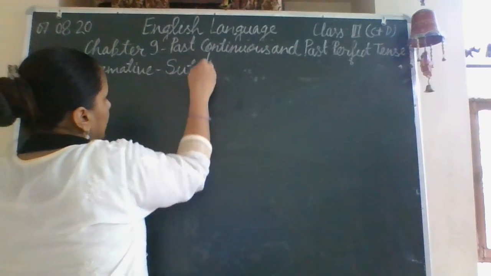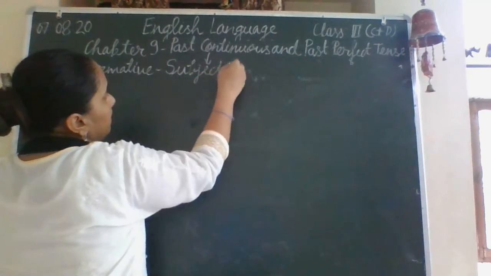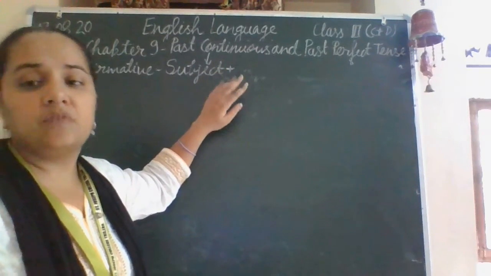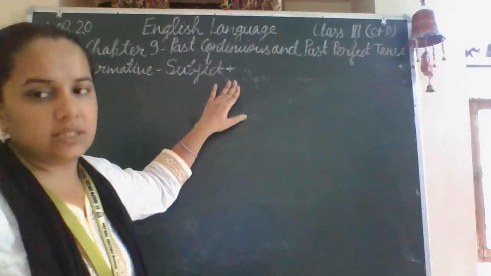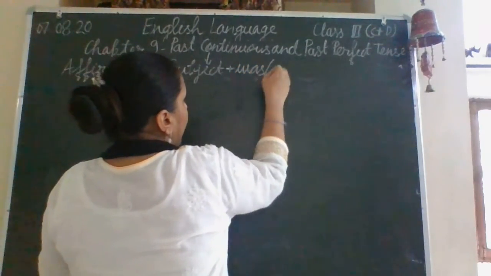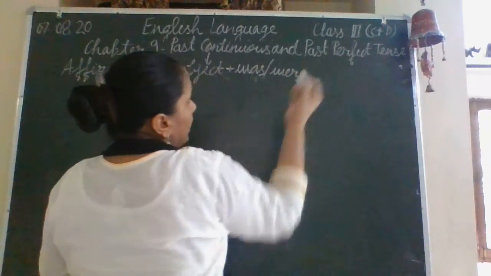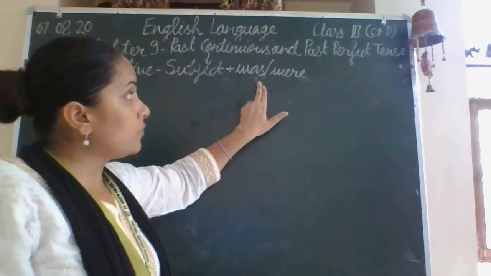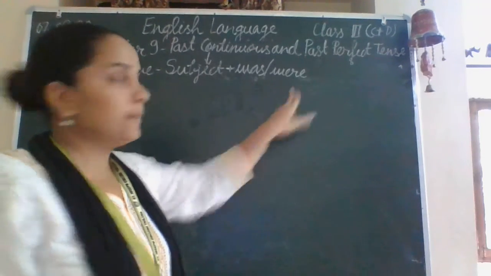So first I'll write the subject, plus in the past tense the helping verb that will be used in the continuous tense will be was and were. Now where will we use was and where will we use were?